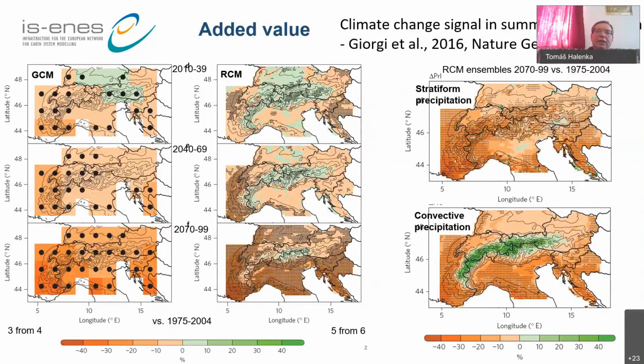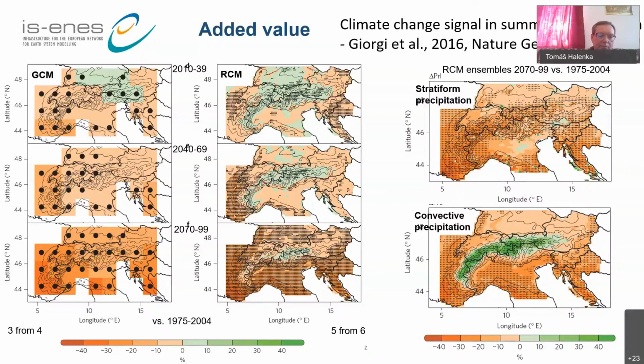Well, let's now move to that added value. You can find it in a paper of Filippo's, 2016 in Nature Geoscience, and it's about the climate change signal in summer precipitation. First, start with the left panel, so two columns. It's results from GCM and RCM. You can see some kind of scenario run for near future, far future, compared to the present control simulation.